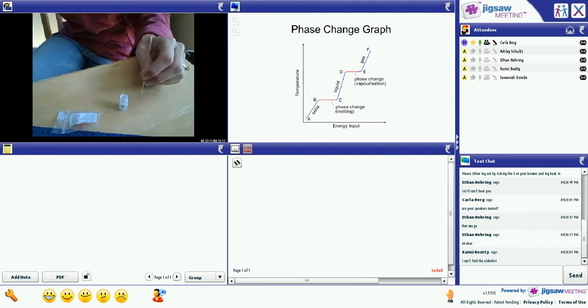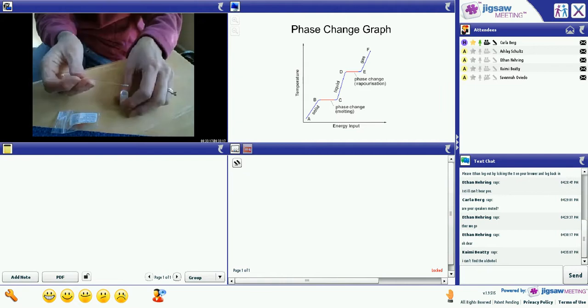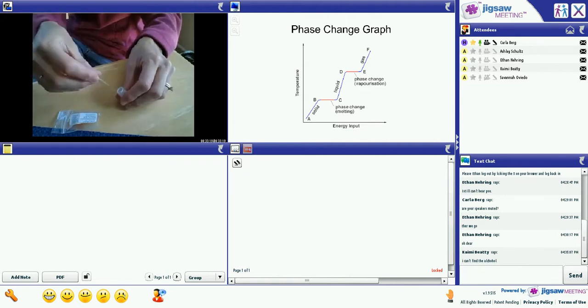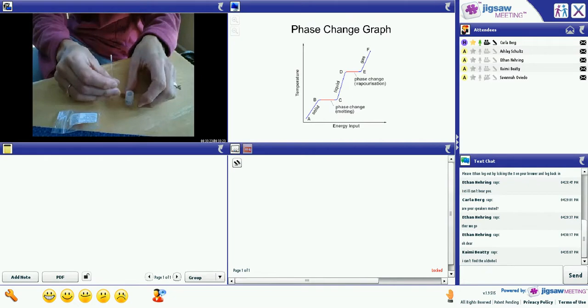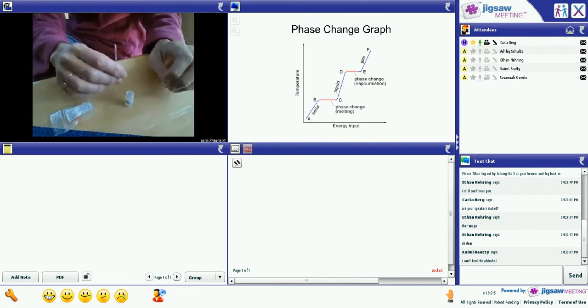So I am going to get some more. That's not enough. To get more, I'm going to dip in and repeat the process all over again. Oops, and I dropped it.